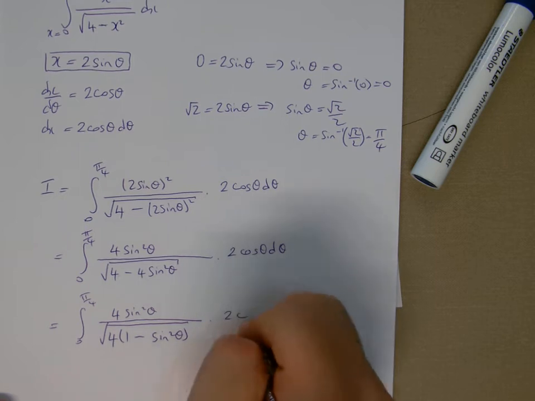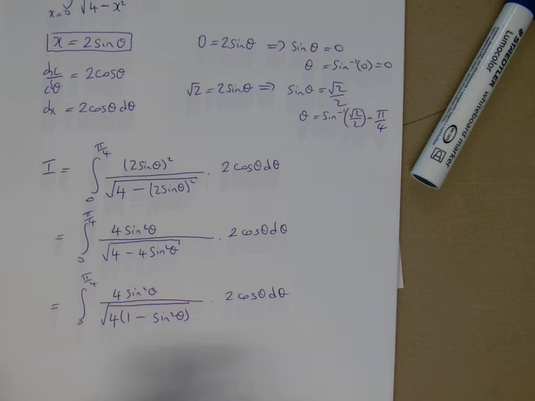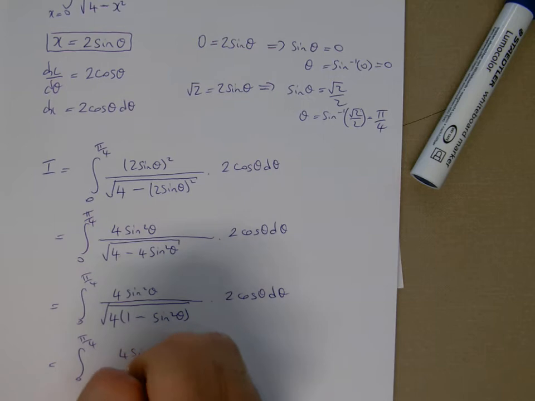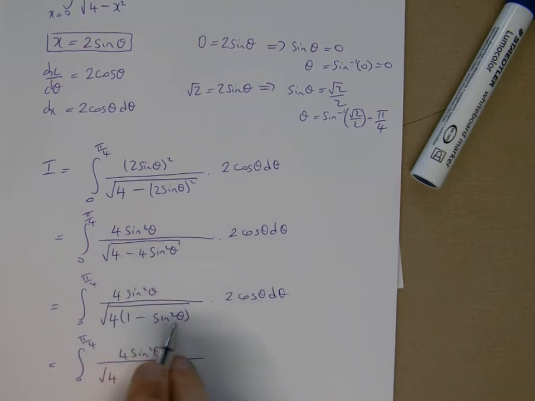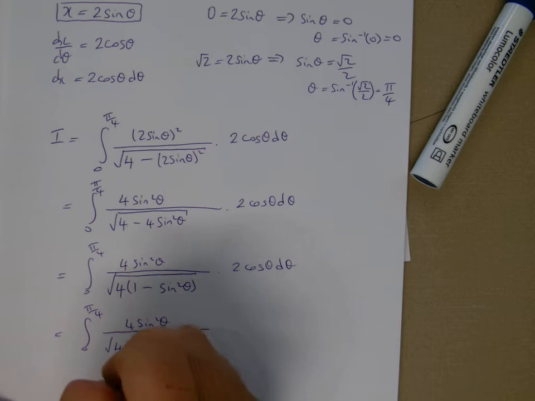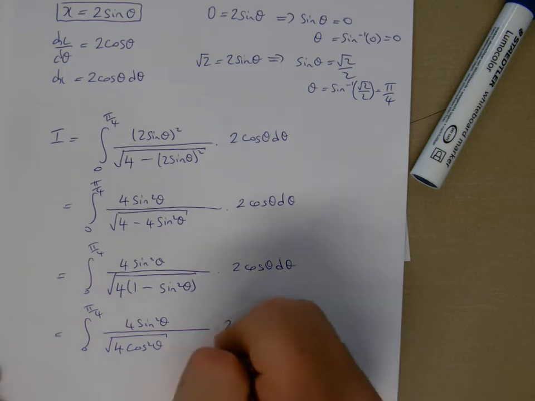What I hope you notice on the bottom is that 1 minus sine squared is cos squared, using that rule from C2, sine squared plus cos squared is 1.